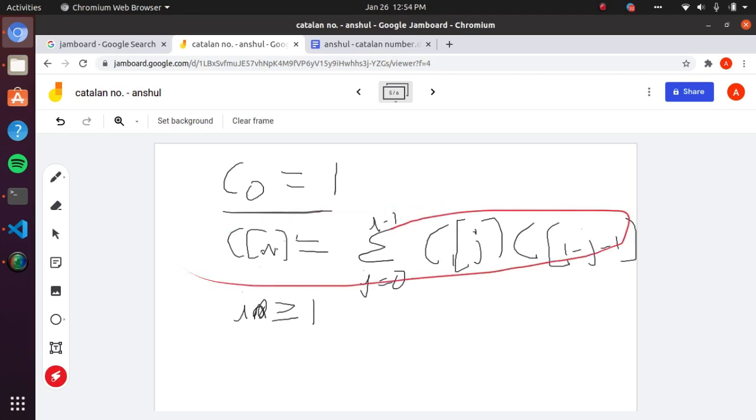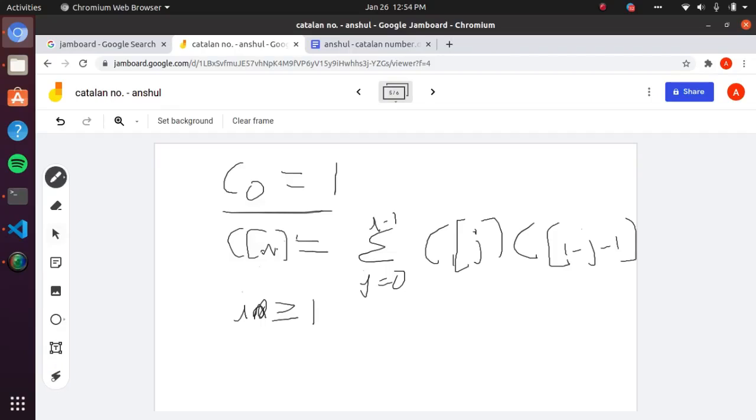What is the relation? Our ith Catalan number is the summation of all the j's from 0 to i minus 1, where the term is Cj into C i minus j minus 1. We have to make a nested loop solution, so our time complexity will be big O of n square.